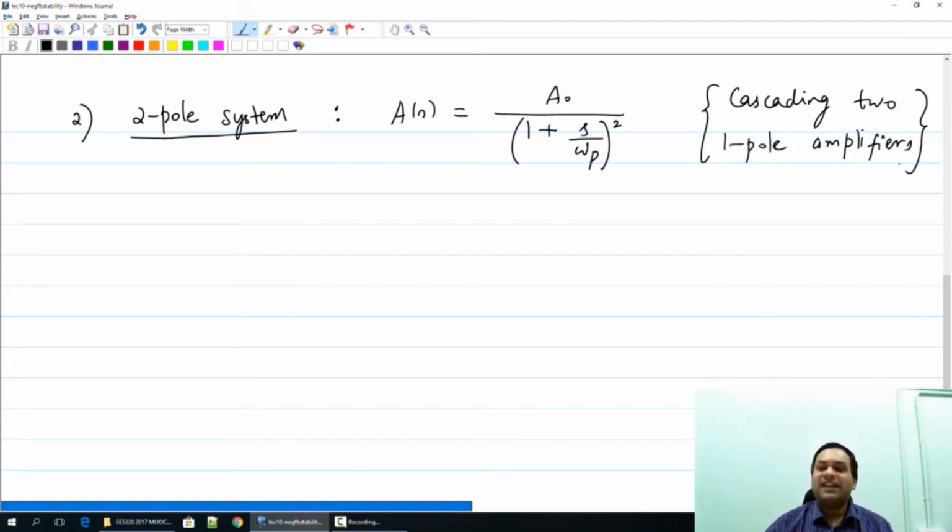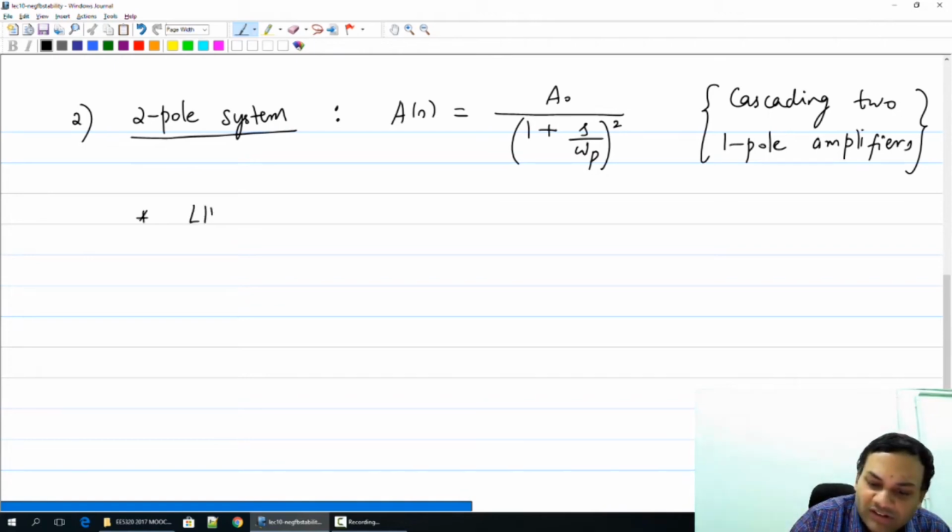So for example, if the gain of a 1 pole amplifier was around 100, if you cascade them, you can easily get a gain of 10,000. So that is good news for us. Now we need to look at the impact of doing this on stability.